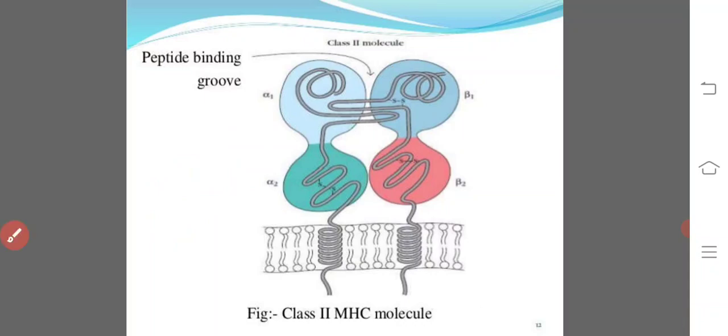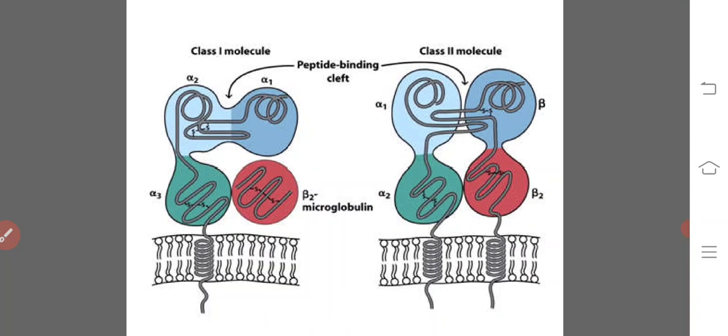A given MHC molecule can bind numerous different peptides, and some peptides can bind to several different MHC molecules. Because of this broad specificity, the binding between a peptide and an MHC molecule is often referred to as promiscuous.